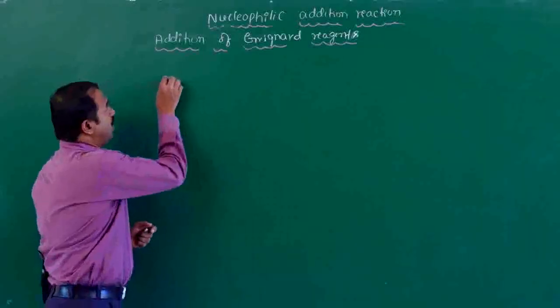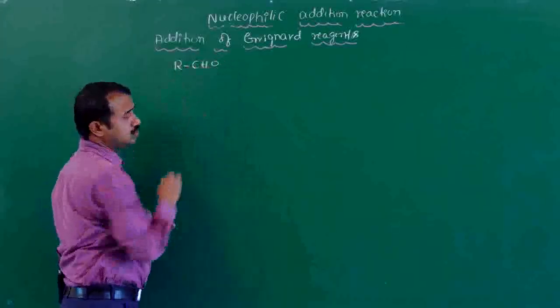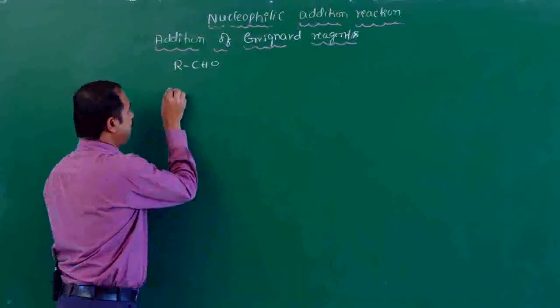The general formula of aldehydes is RCHO. Instead of R, I will take formaldehyde.